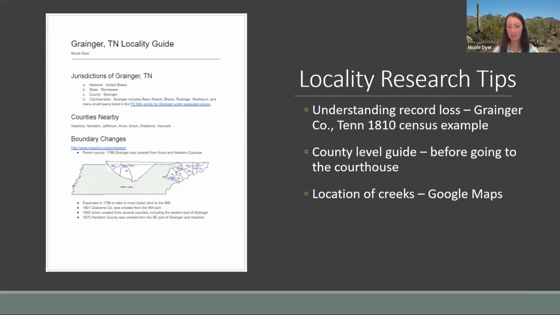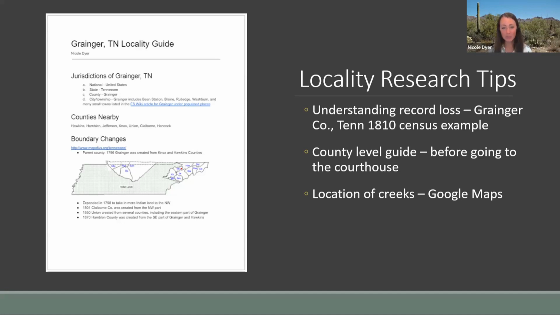It had that fragment, and it had 10 men with the surname Dyer on it. I wouldn't have found those on Ancestry or FamilySearch because that fragment, for whatever reason, is not included in the main databases. So that was really exciting, to understand the record loss a little bit more, the fact that some part of the census was remaining, and really hunting it down and trying to find it.